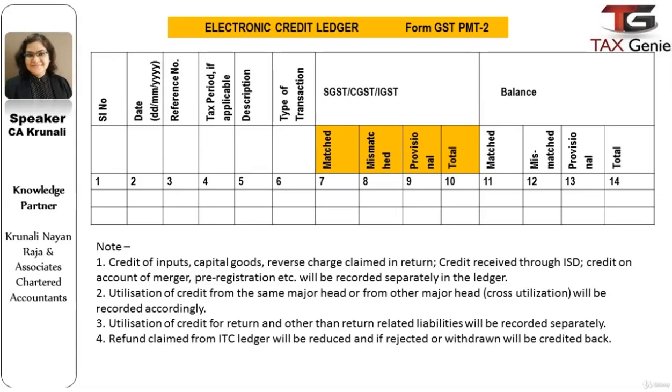Utilization of credit from the same major head or from the other major head, that is cross utilization, will be recorded accordingly. Utilization of credit for return and other than return related liabilities will be recorded separately. Refund claim from input tax credit ledger will be reduced and if rejected or withdrawn will be credited back.